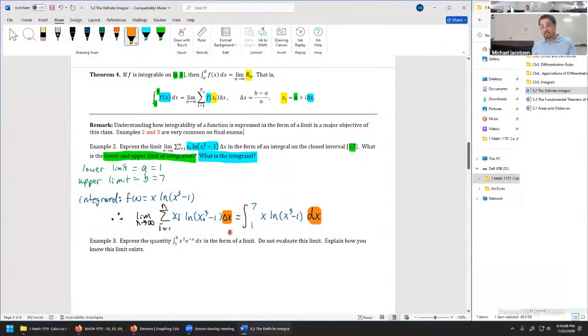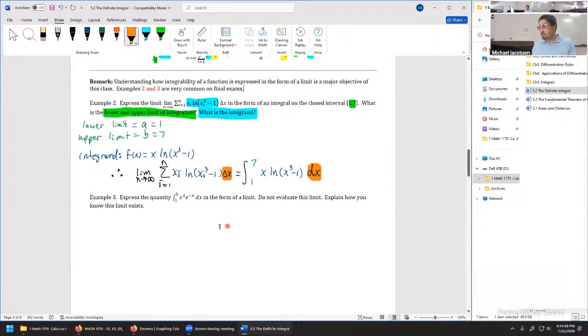But any questions on doing it in this direction? Okay, and like with any conversion, if we can convert in one direction, we must be able to convert in the other direction. The purpose of doing that is just to study exactly what's going on with both the integral and the limit of Riemann sums to connect the concepts together.